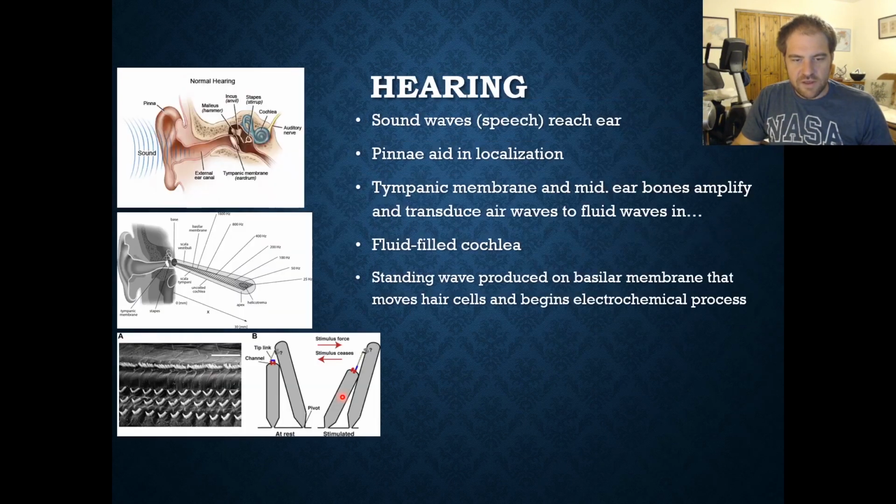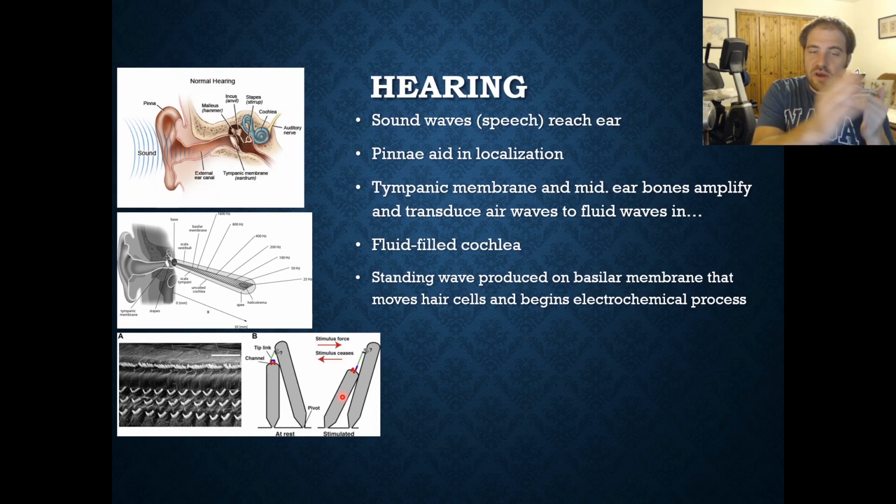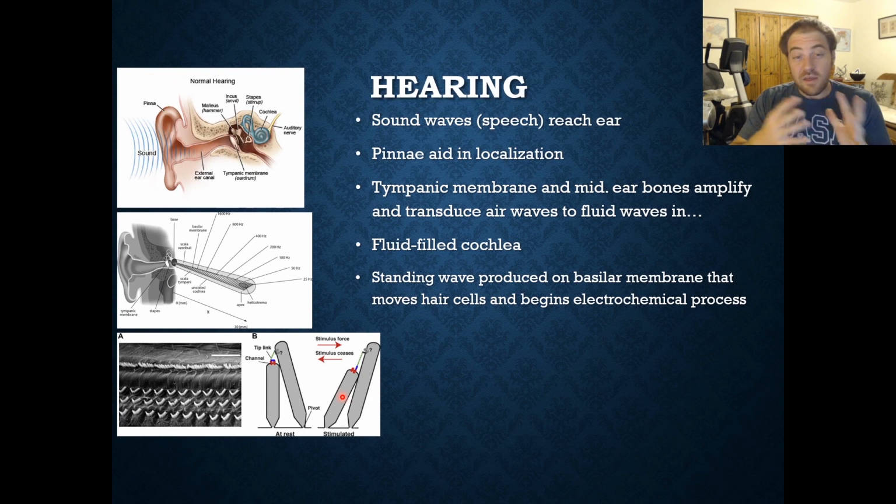So what kind of problems can arise here? Well, like we talked about, depending on where this is, you can have a reduction in hearing, so you're not able to hear as much. You can have complete deafness. You could have single-sided versus dual-sided deafness. You can have different kinds of deafness as well.